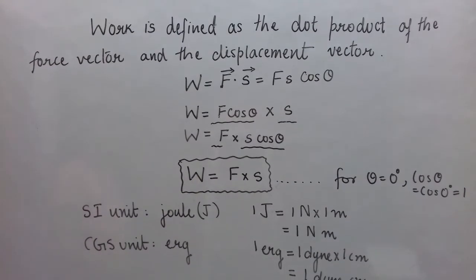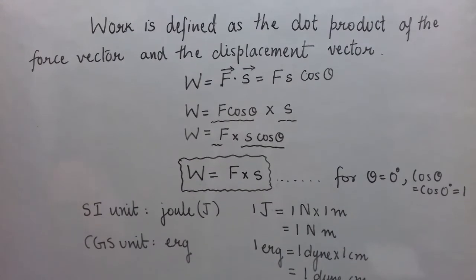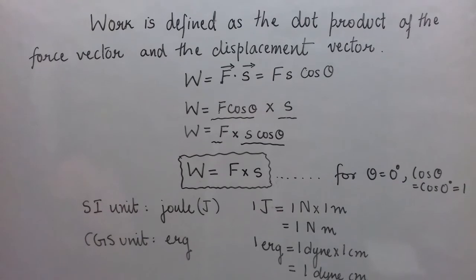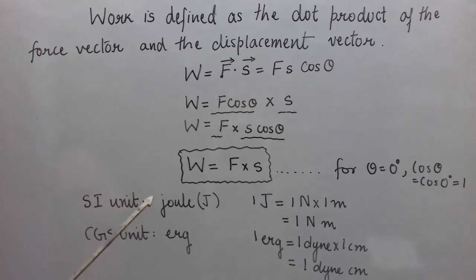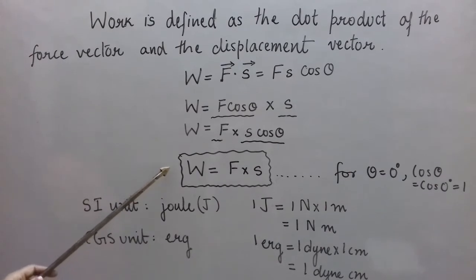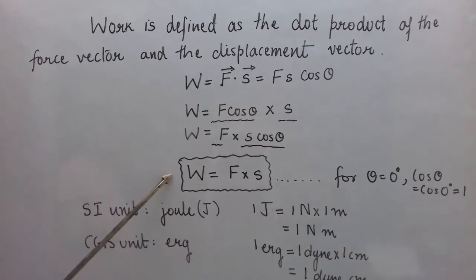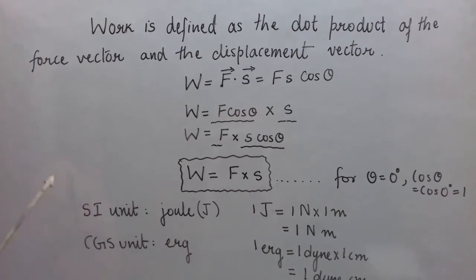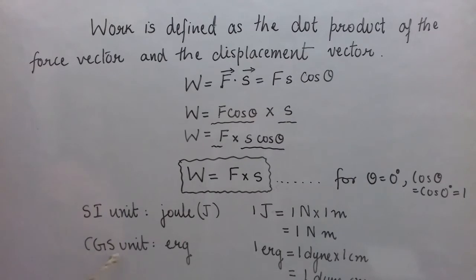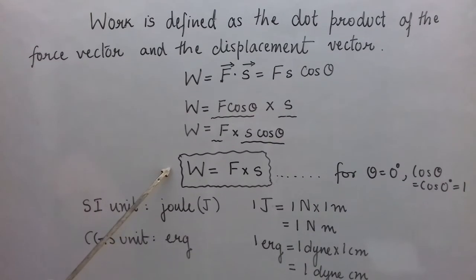Remember students, in NCERT we are considering only absolute units, although just like force and weight, there exist gravitational units for work also, but we'll be dealing with only absolute units. So I will not mention it absolute, I will just call it SI unit and CGS unit of work. You should remember, we are always considering absolute units.